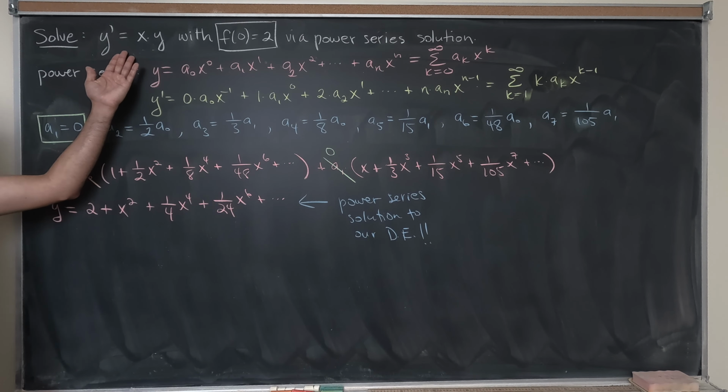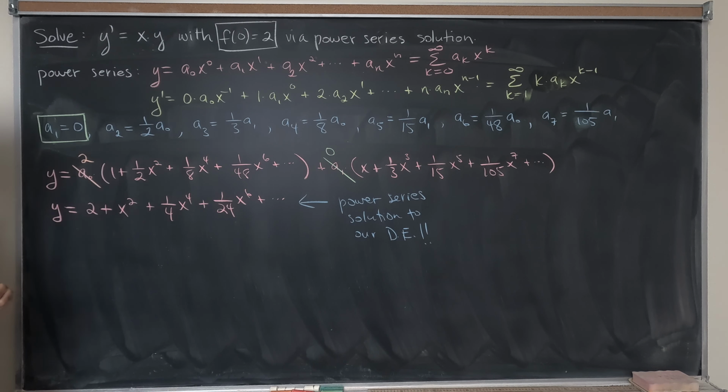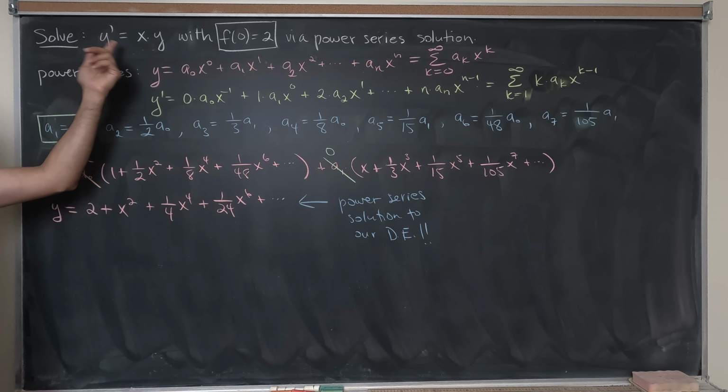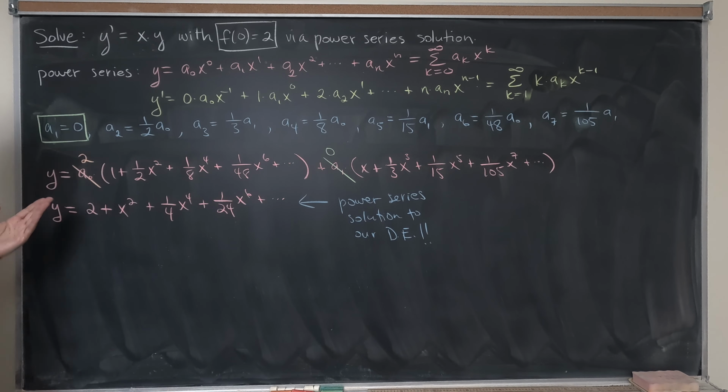Of course, in solving a differential equation, we would like to find the function y, which satisfies this. The derivative of y equals x times the function y. And so here's the function.